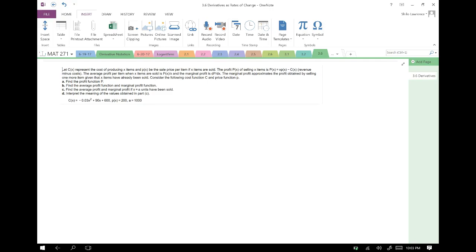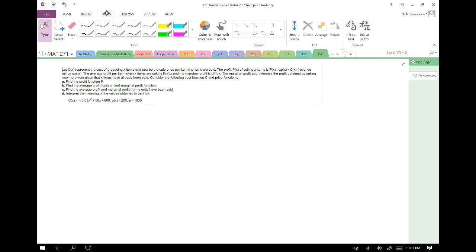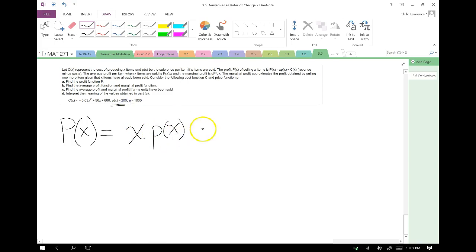Find the profit function. So they tell us how to set up the profit function, and they give us all the little pieces that we need. So big P of X, our profit function, is X times little p of X, and they give us our little p of X here, minus C of X, which is the cost function, which is here.